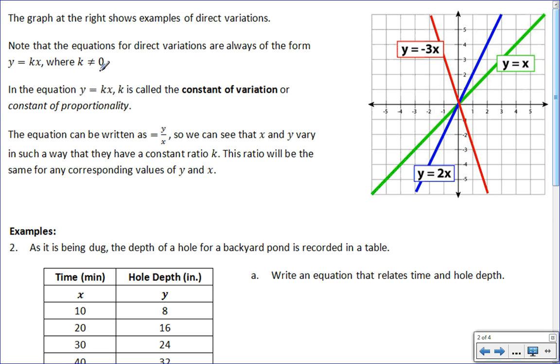In that equation, y equals kx, k is called the constant of variation or the constant of proportionality. And we did see this term in lesson 6.4 also, but it's been a while since we've used that. But that is the constant of proportionality. I'm going to go back a page.